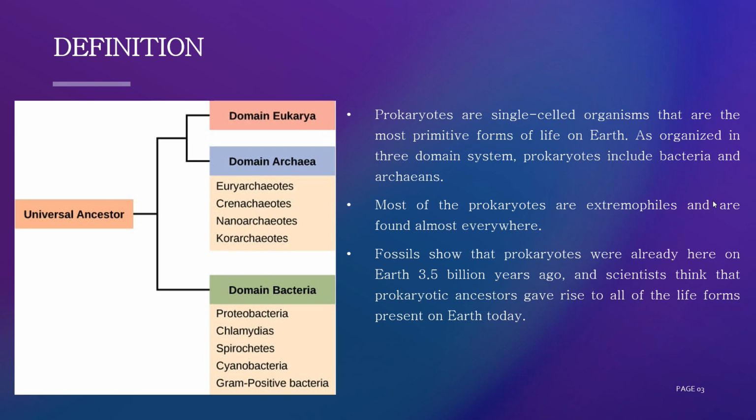And they are found almost everywhere. They are ubiquitous organisms. They are found everywhere, in our mouth, on our skin, on our palm, on our finger. Fossils show that prokaryotes were already here on Earth 3.5 billion years ago.